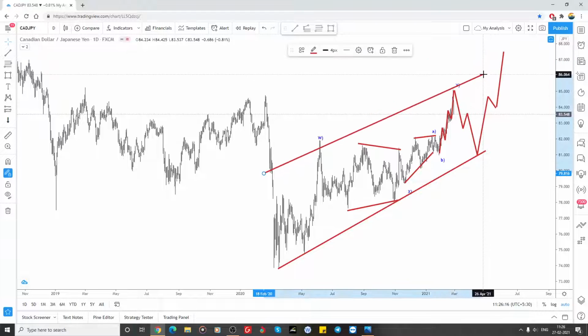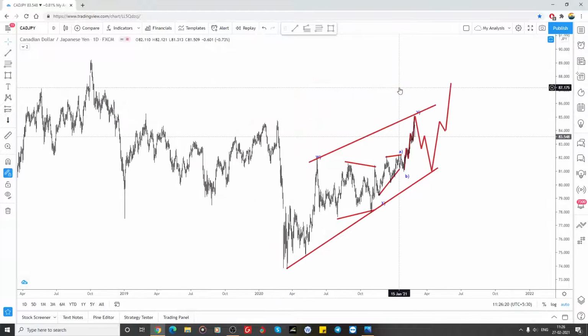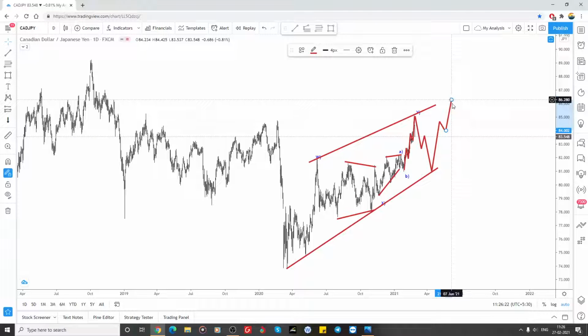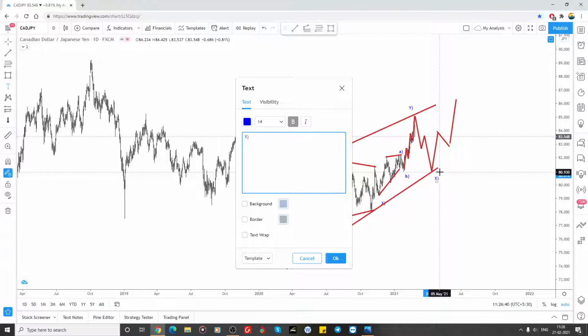Otherwise, if it is a wedge formation of that kind, it could reach up to this zone. So in that category, it could be like this. So Y is here, and again we need to mark this as an X. So this is a Z.